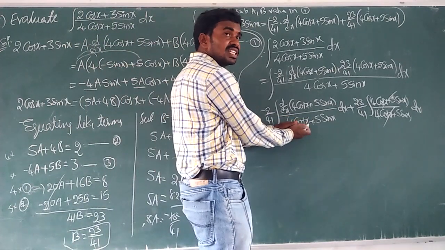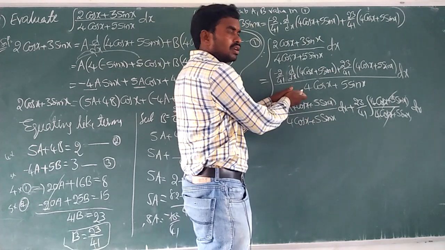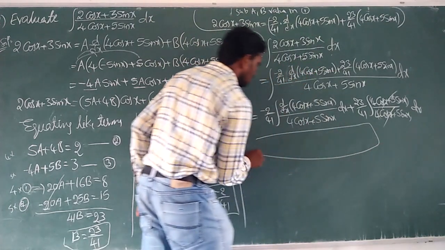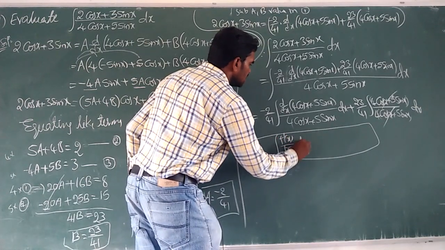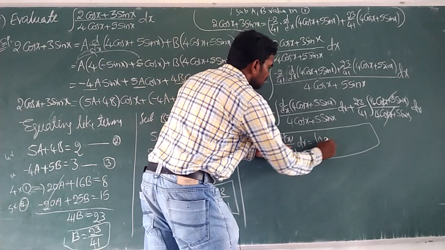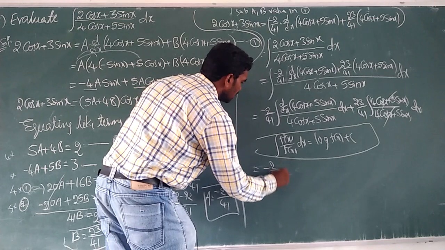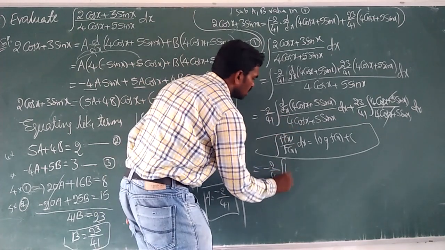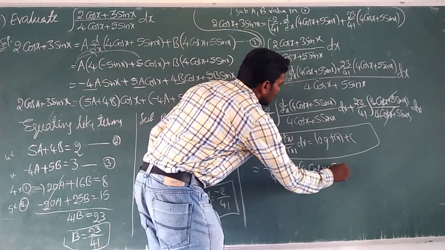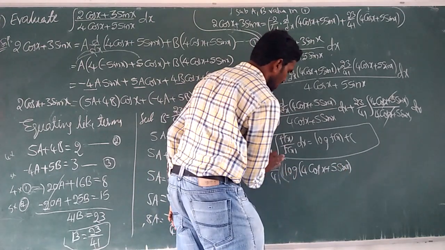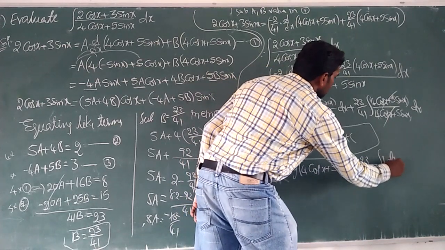Here the numerator is the derivative of the denominator, so we can apply integration of derivative of the function by the function, which is log of the denominator. This is equal to minus 2 by 41 into log of 4 cos x plus 5 sin x, plus 23 by 41 into integration of 1 dx.